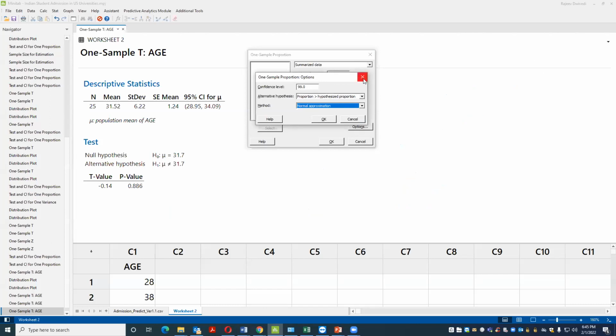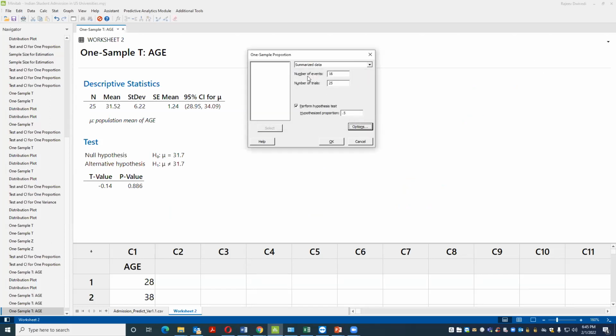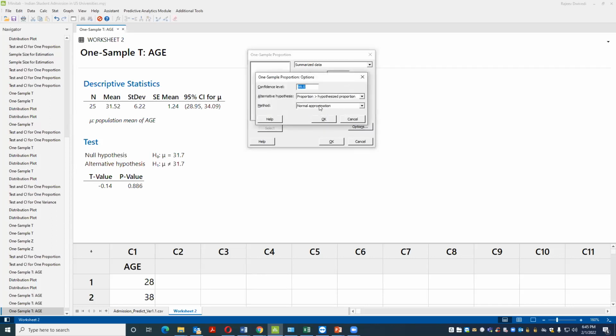So let's see in this. I think the number of events is 16. You are doing 25 tries. Hypothesized proportion is 50%. So n pi is 25 times 0.5, more than 10, and n(1 minus pi) is also more than 10. Therefore, we are going to do normal approximation. You can do this at 99%, 95%, or whatever.